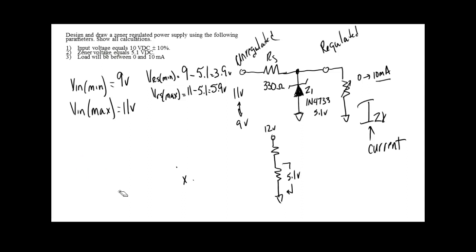Okay, so what's the next thing we need to calculate? We need to know three things about that resistor. We've already chosen two of them: the tolerance and the value, right? You understand that? So what's the next thing we need to know before I buy that resistor? The wattage. So what's the formula for wattage?